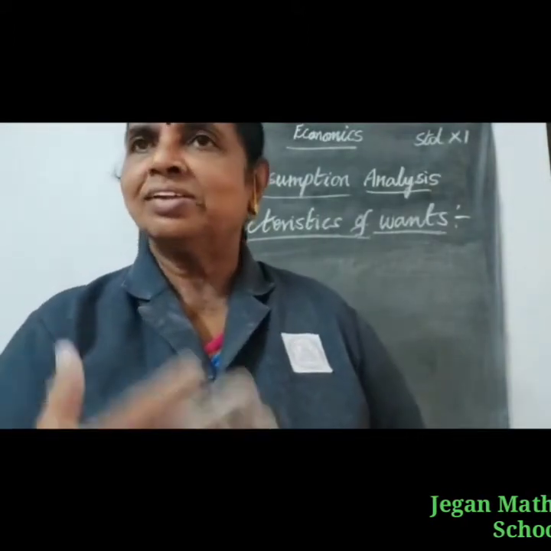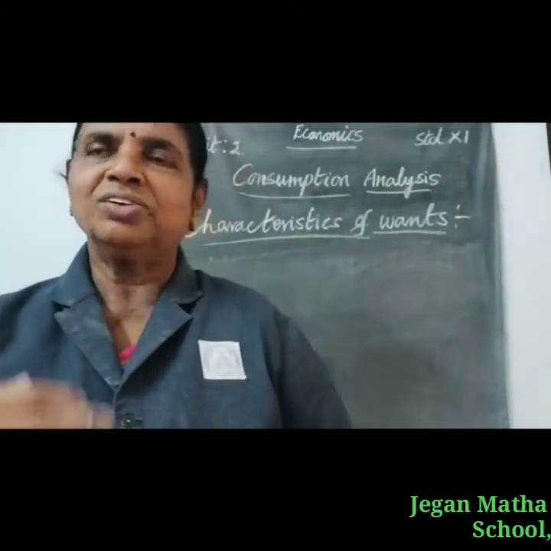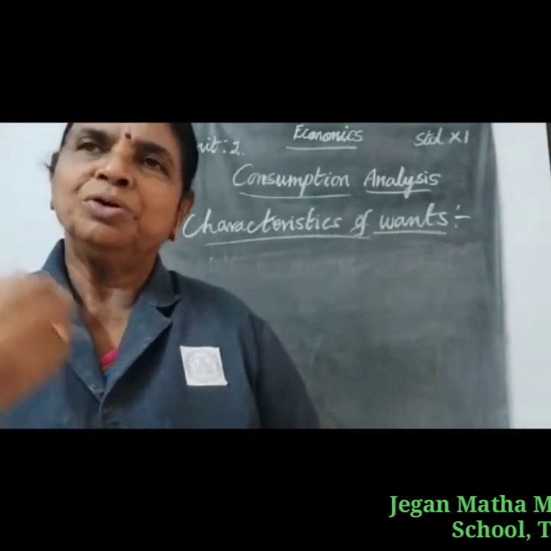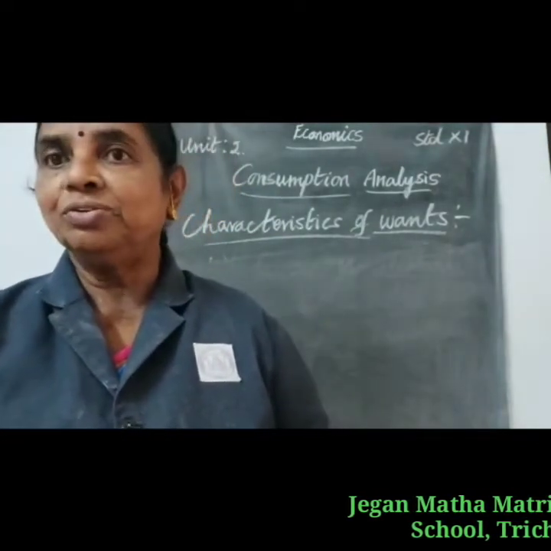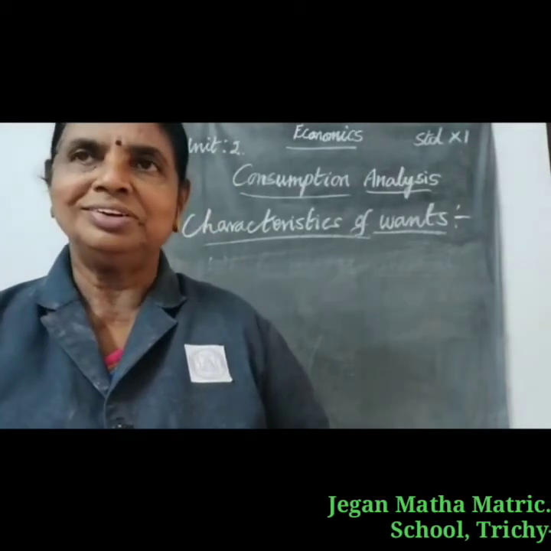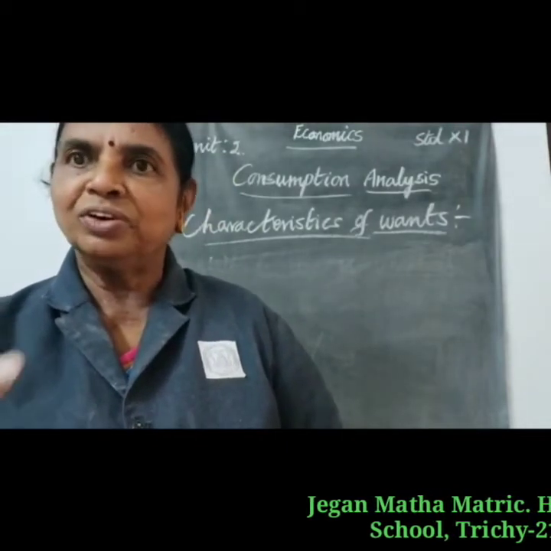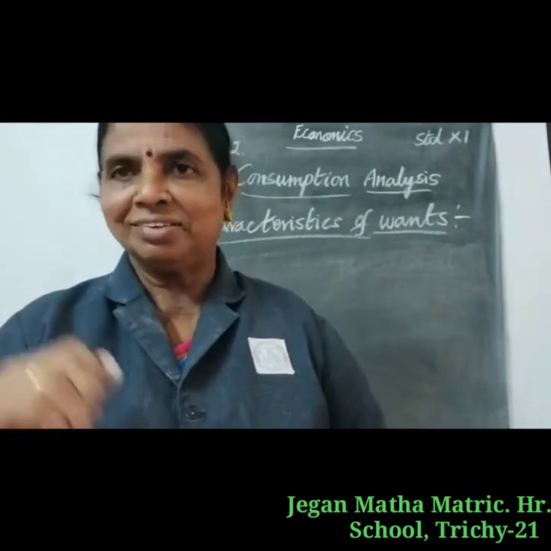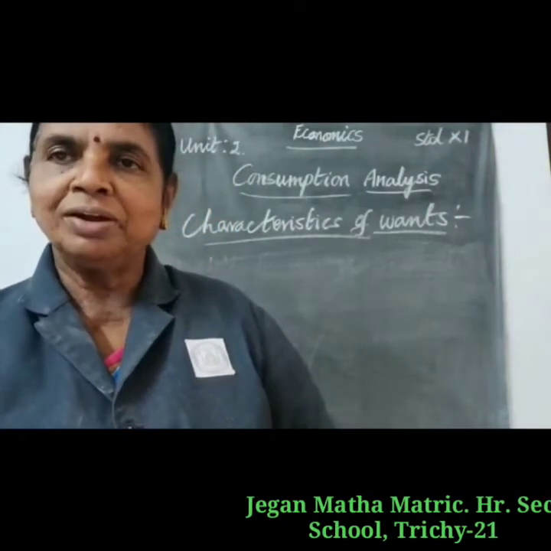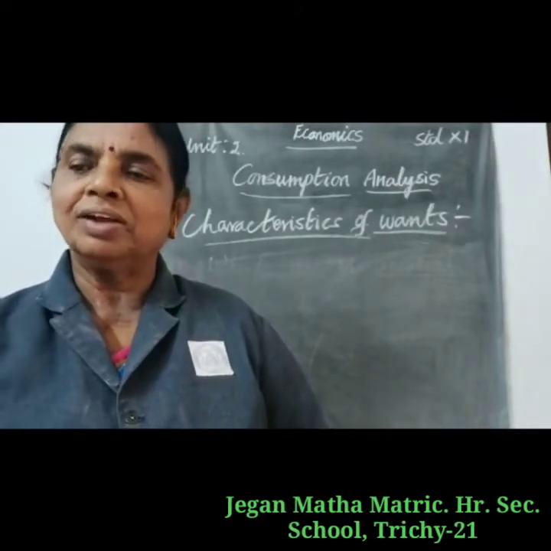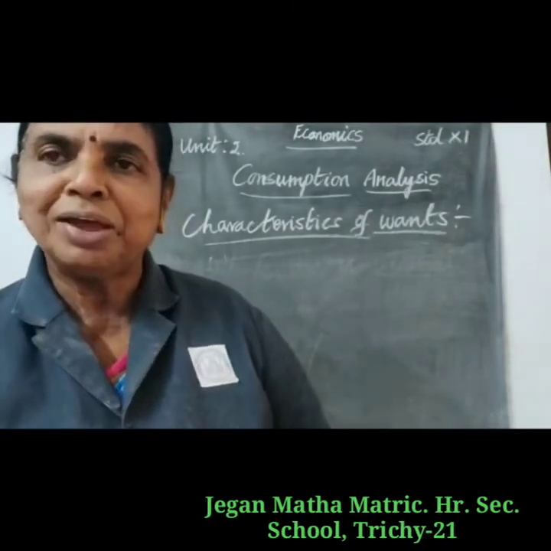Sometimes the satisfaction of a particular want requires the use of more than one commodity. For example, when we use a car, petrol is needed. When I want to use a pen, ink is needed. When I want to write, I need a pen or pencil and a notebook or paper.